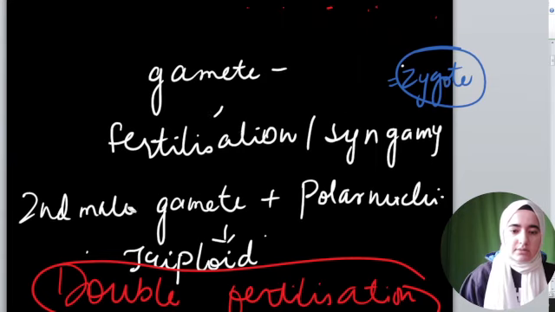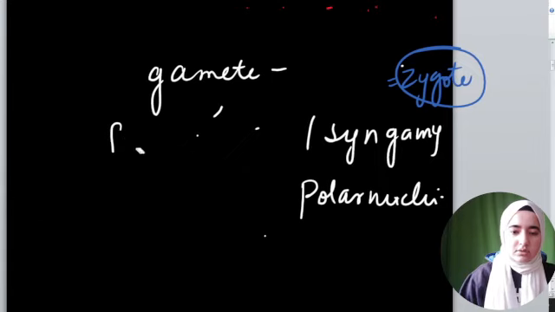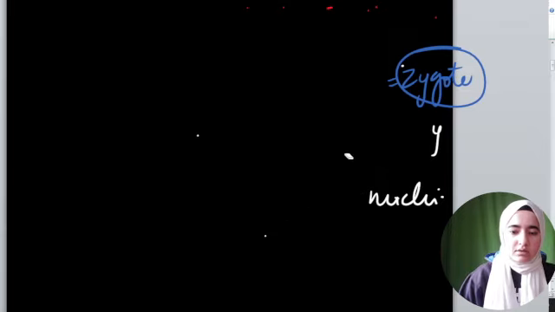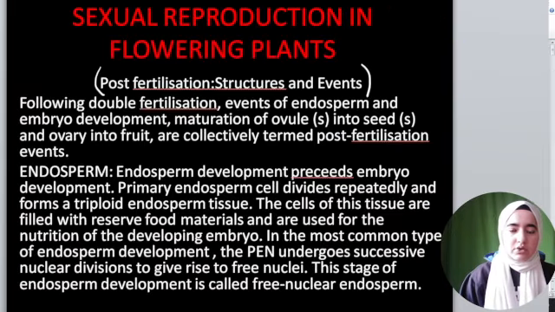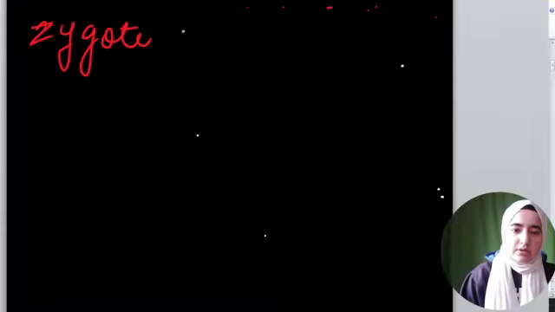Okay, that was double fertilization. What will happen now after double fertilization? After double fertilization, our zygote will get converted into an embryo.